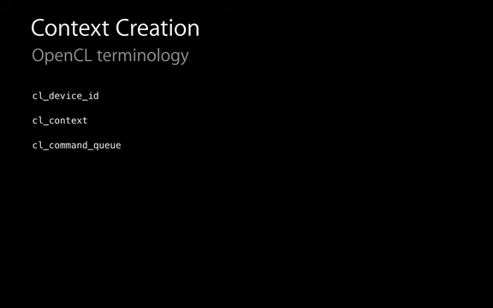Okay, so let's look at what the equivalent operations and components are of the OpenCL API. Now, OpenCL has device IDs, which are kind of like renderers, a CL context object that's a lot like that GL context, and then a command queue, which, as it turns out, is a little bit like the virtual screen. We use it in a similar way.